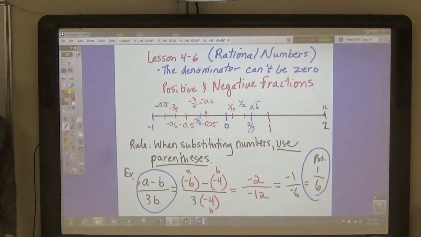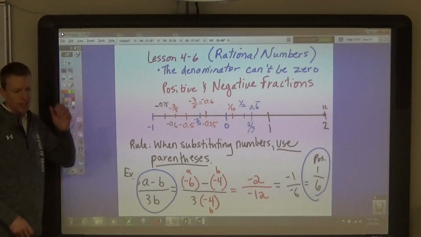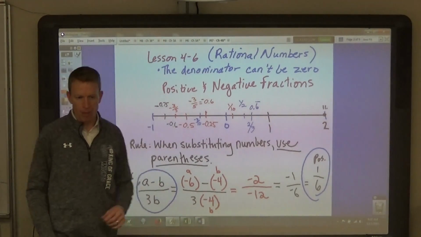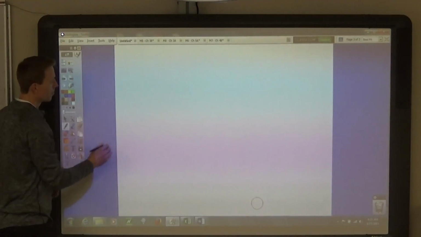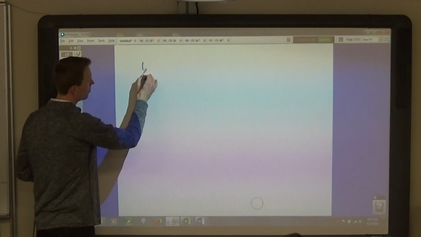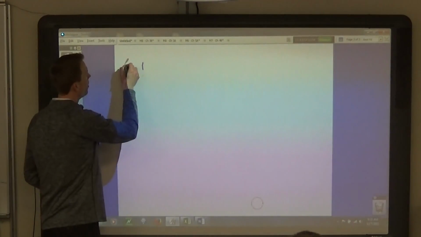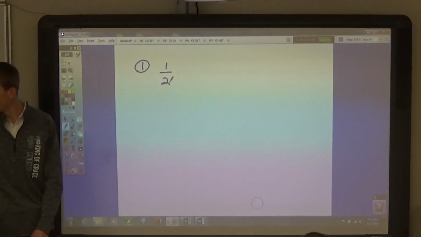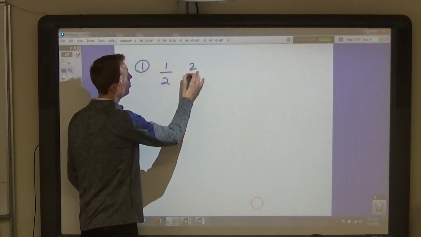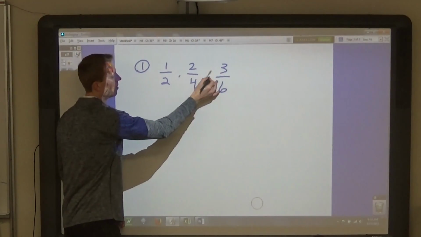Let's go to your assignment, page 206. This lesson is a little bit about reviewing fractions. So number 1, 1/2, 2/4, 3/6.